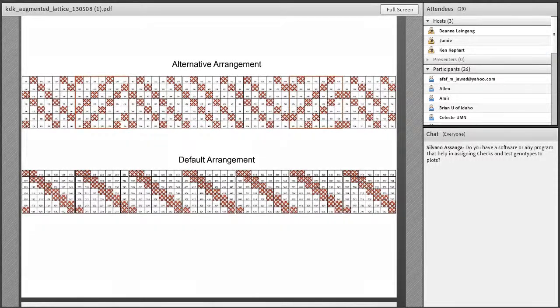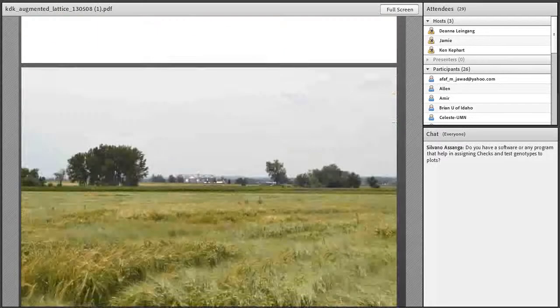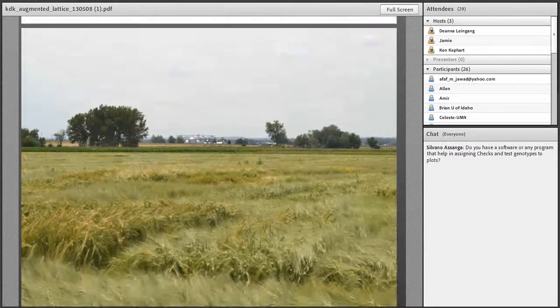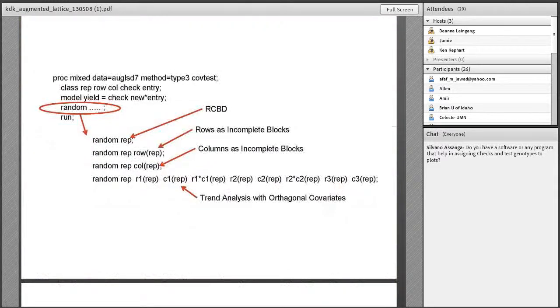But this arrangement does have a symmetry associated with it, in that because you're not pairing a check that exists within a diagonal with any other check within that same diagonal, and you're only pairing the checks between the 2 diagonals, then each of these incomplete blocks, whether it's rows or columns, is going to have a pair that happens once and only once, basically for half of the combination of pairs that could possibly exist among all those checks.